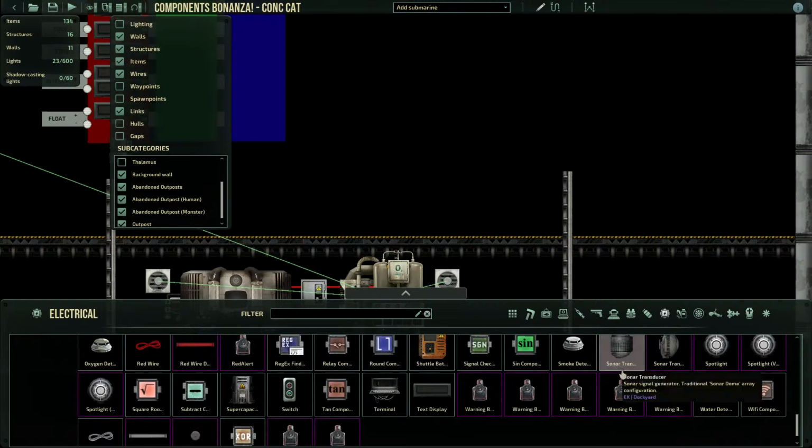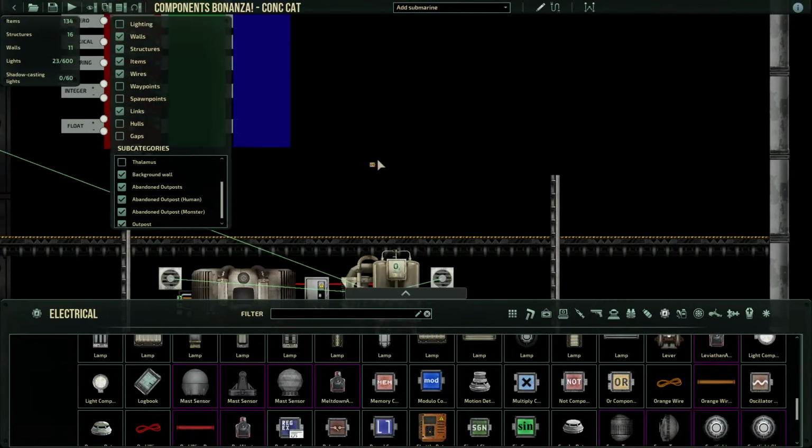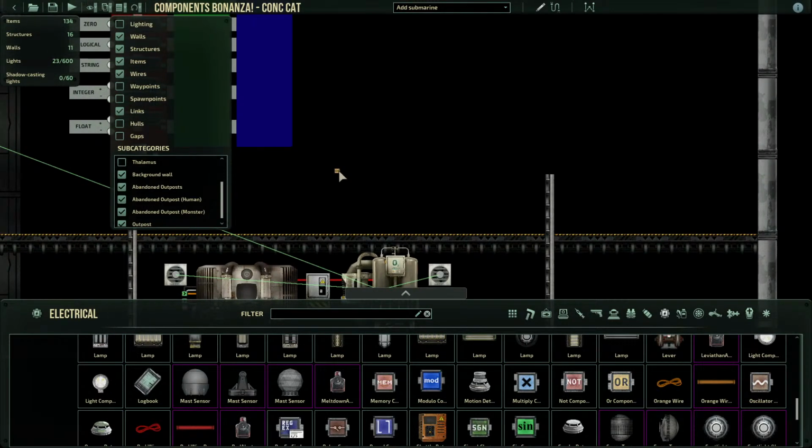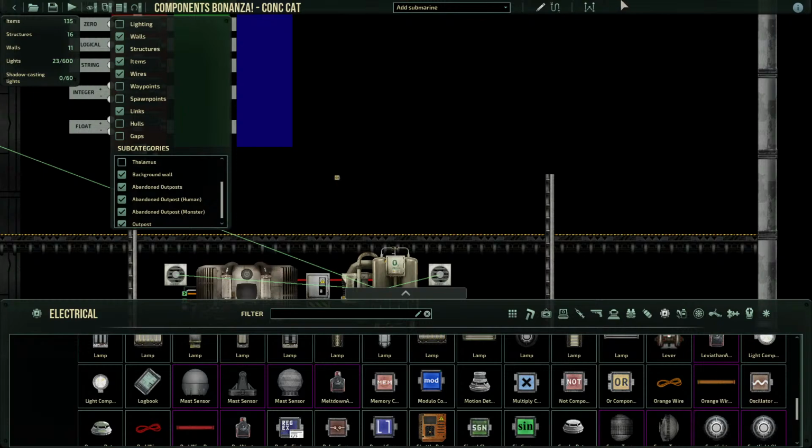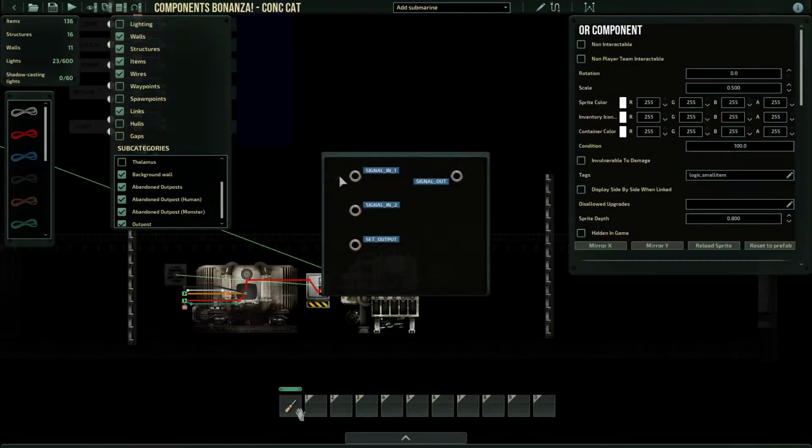That's not. What do we got? OR. So this is similar to the AND component. It's got 2 logical inputs and 1 universal input. Similar to the NOT component, both signal in 1 and signal in 2 are interpreted logically.